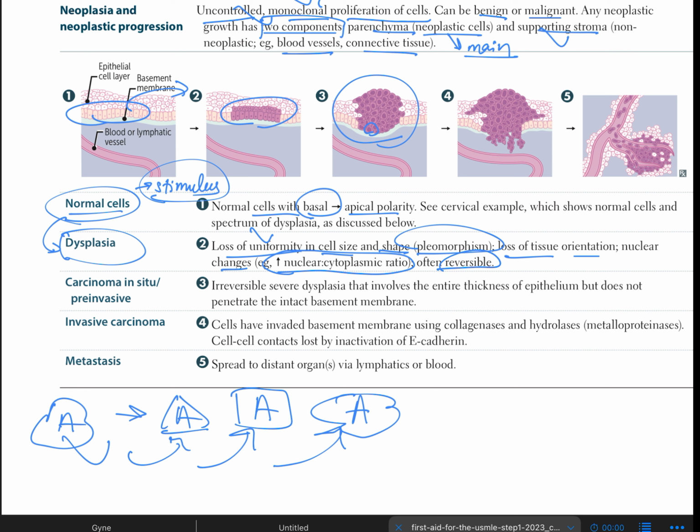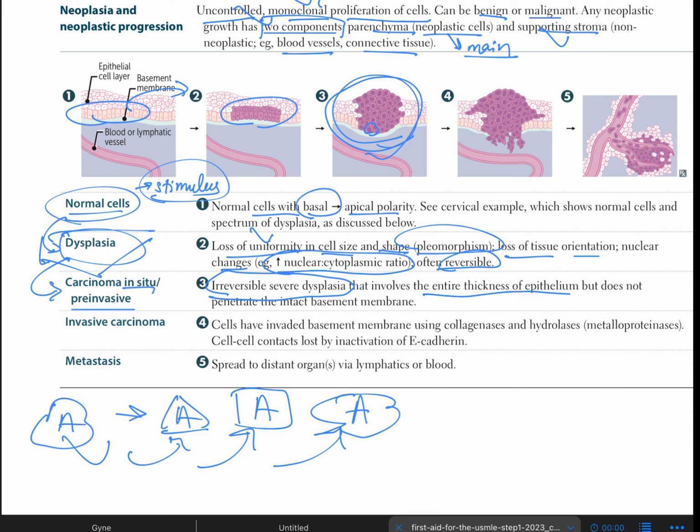Dysplasia is often reversible, but if we do not control that growth, if we do not control the dysplasia, then it will convert into carcinoma in situ. It is a pre-invasive stage, carcinoma in situ on the surface of the epithelium, and it is irreversible, unlike dysplasia.